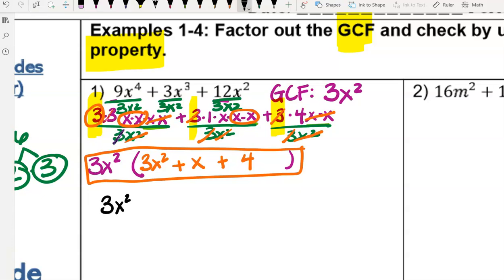So write it again and FOIL it back. When you FOIL these back, we need to have the exact answer as the original. So 3x squared times 3x squared, guys, is going to be 9.